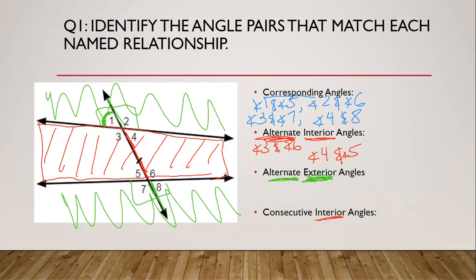So then I ask myself, which one of these angles is on the opposite side of the transversal from angle 1? Well, if angle 1 is on this side, then the other angle, the alternate angle, has to be on this side. So it'd be angle 1 and angle 8. Okay. Similarly for angle 2 here, alternate side of the transversal here, that would be angle 7. So angle 2 and angle 7.